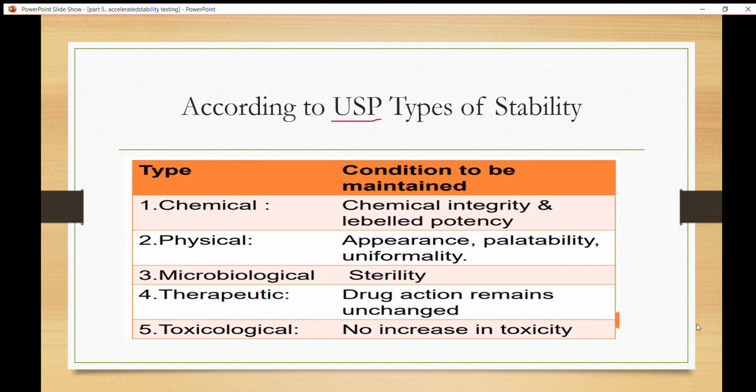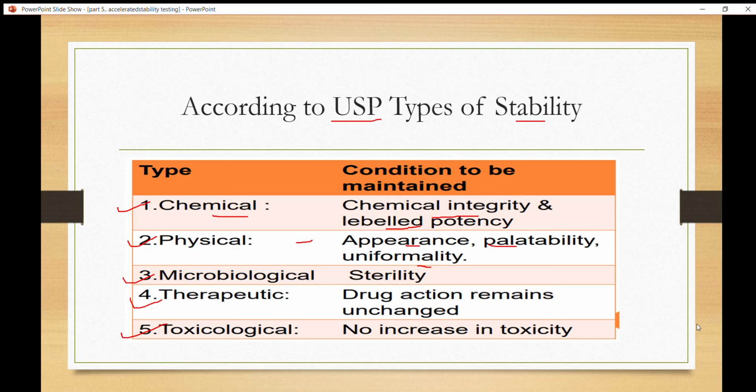According to the USP, stability testing is of 5 types: chemical, physical, microbiological, therapeutic and toxicological. In chemical stability, we check the chemical integrity and the labeled potency of a drug. In physical stability, we check the appearance, palatability and uniformity of a product.